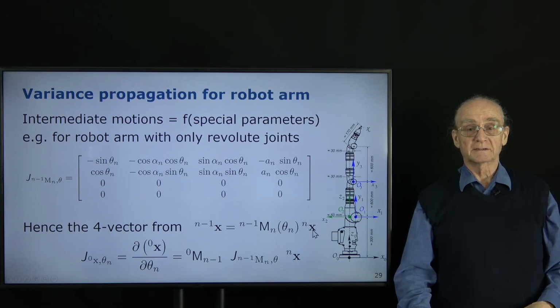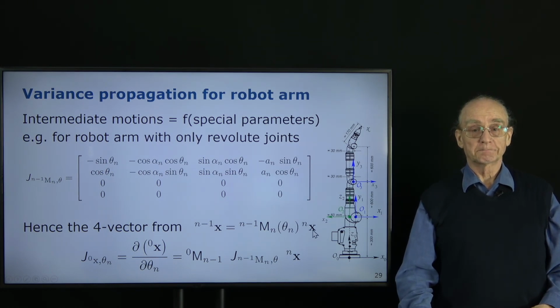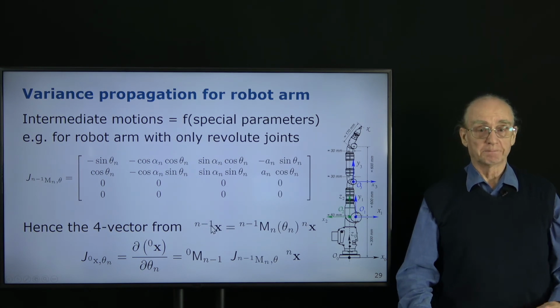So how is the relation? We have the coordinates in the nth frame. We have the coordinate transformation from n to n minus 1, depending on theta, which gives us the coordinates in the n minus 1th frame.